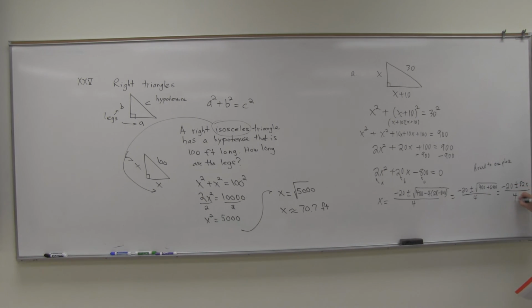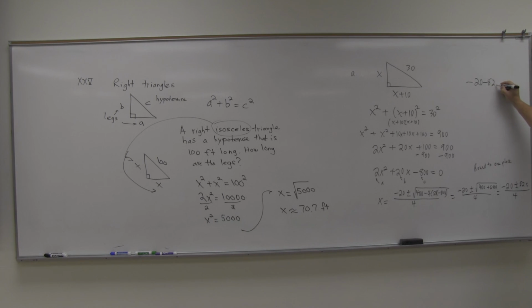Then divide that by 4. Of the two answers, one would give us a negative, so that one's not it. It's negative 20 plus 82.5, that's 62.5, divided by 4. That's my answer.